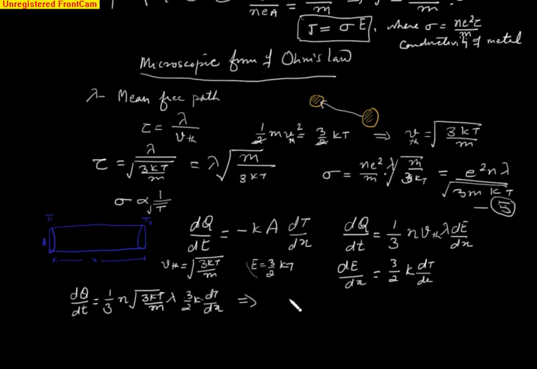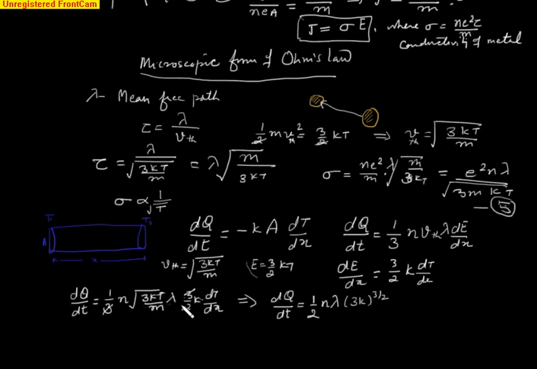So I can write this equation as the rate of transfer of heat due to thermal conductivity given by half, because this 3 will cancel out, so we are left with only half, times the number of electrons per unit volume multiplied by the mean free path lambda times 3k, where we are left with 3 by 2, because we have k here, we have k here.